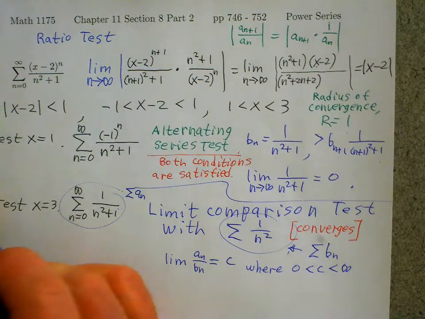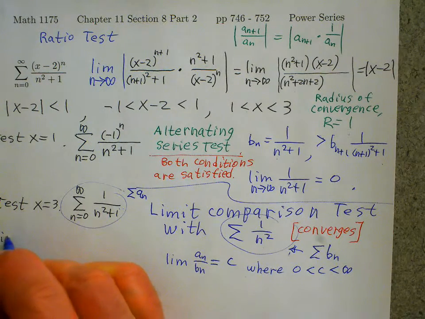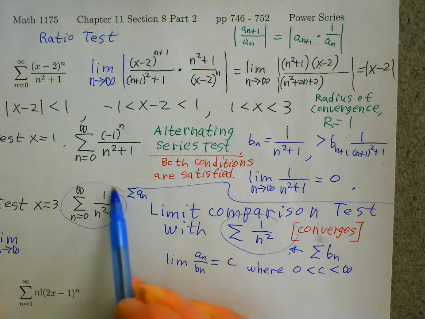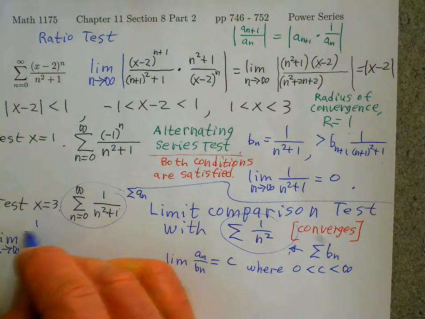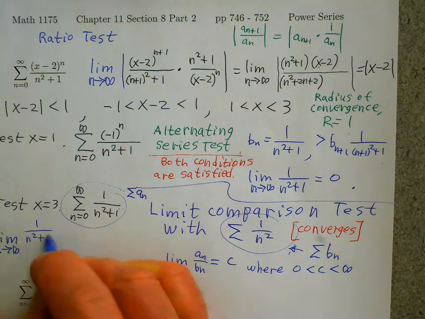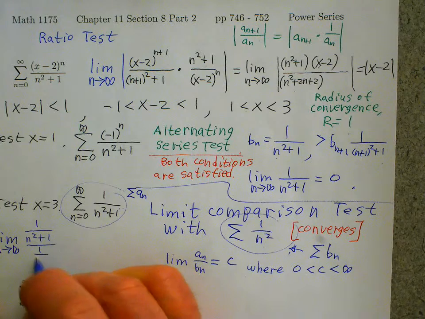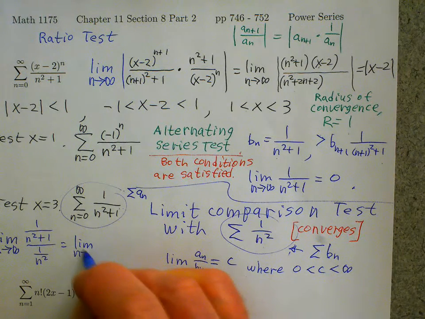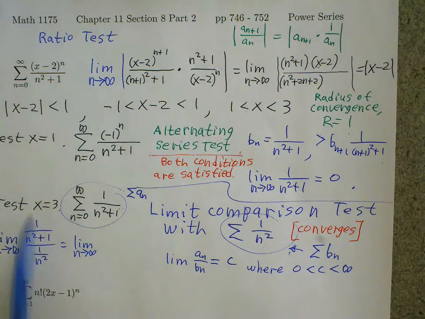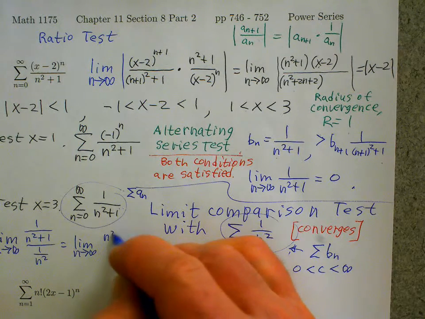Okay, so the limit of a sub n divided by b sub n, so 1 over n to the second plus 1 divided by 1 over n to the second. So we'll simplify that and write it as n to the second over n to the second plus 1.